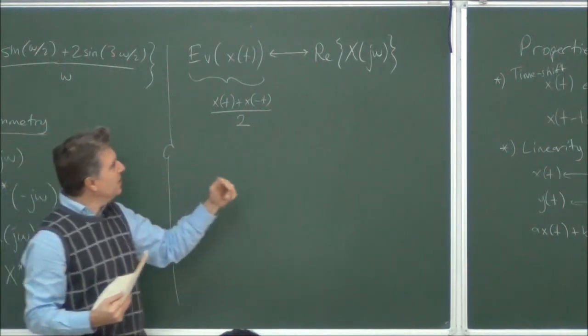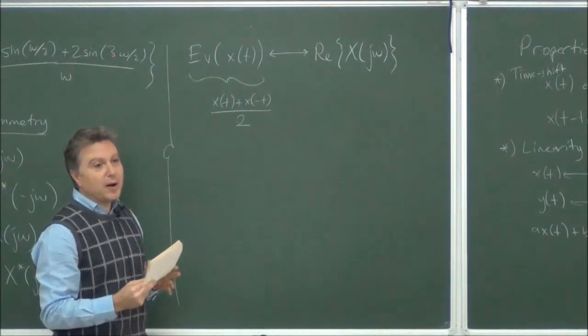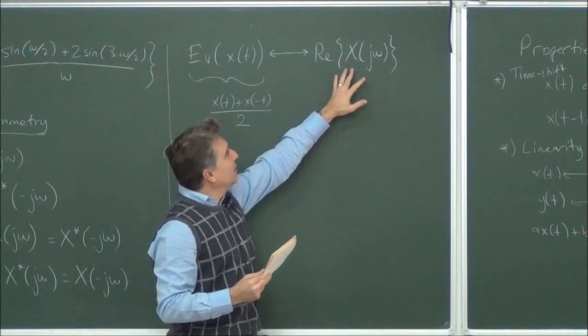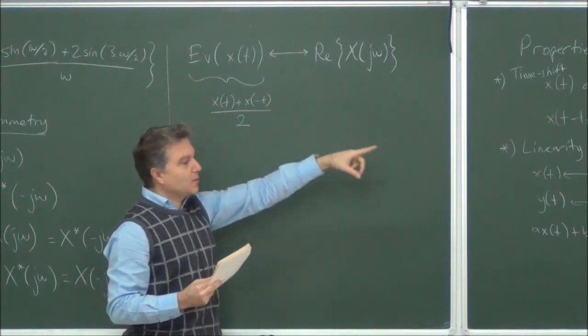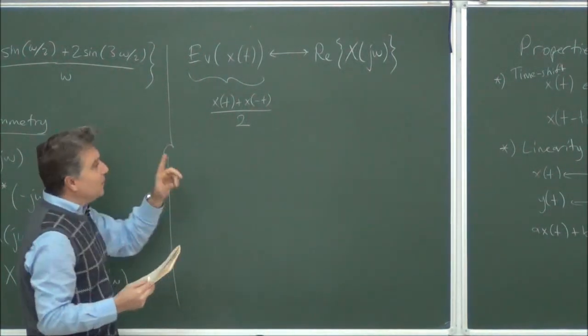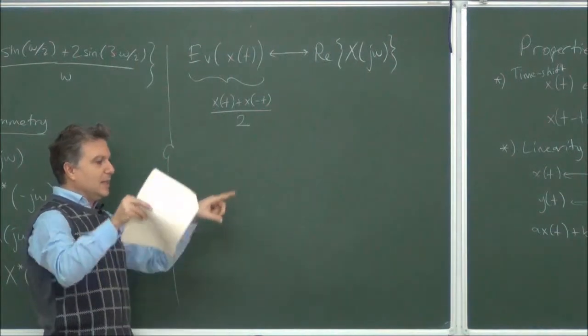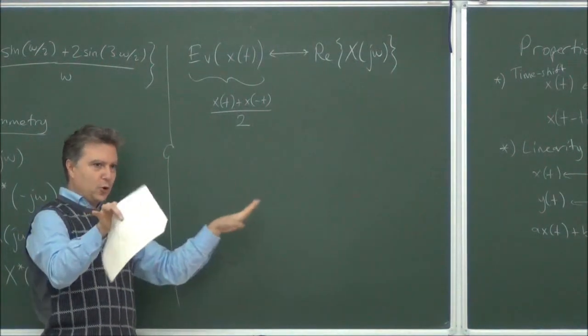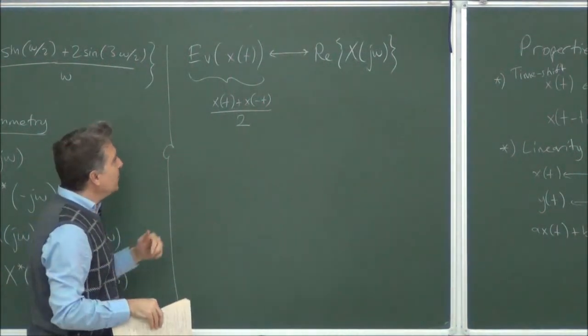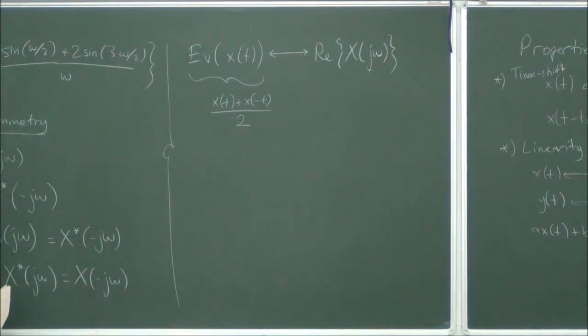That symmetric signal will have the real part of the Fourier transform of that. So what you really need to do, if you come up with any signal like that with two portions at the left and right, then the Fourier transform of that will correspond to the real part of this large expression. And can you find the real part of this large expression?